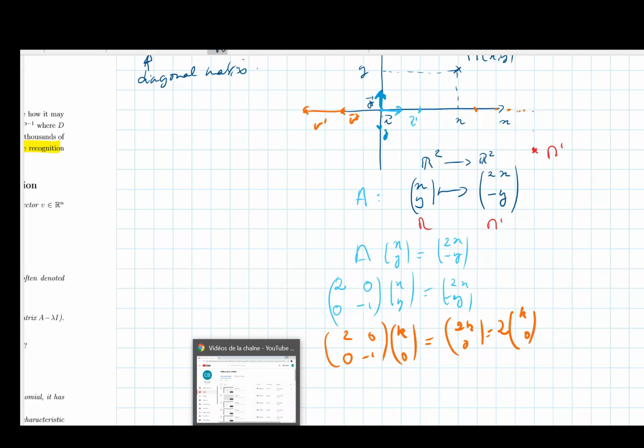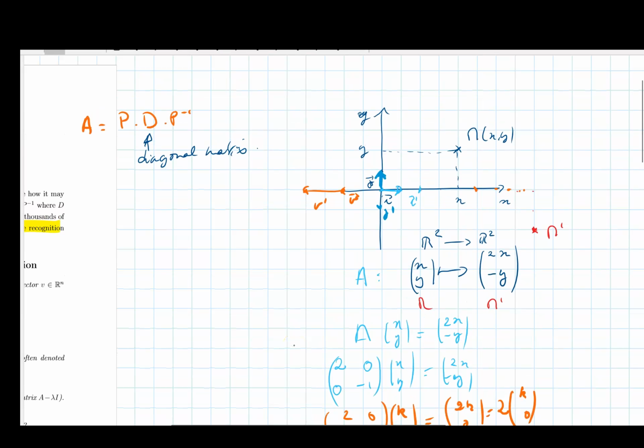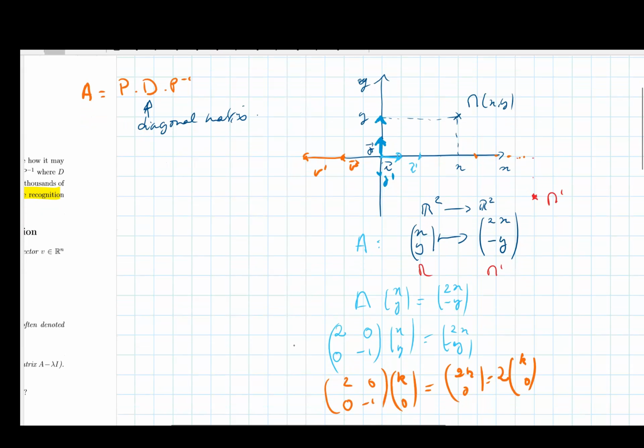So the J prime would be here. Similarly, if I take 2 times the J vector, with coordinates 0, 2, it's going to be sent to 0, -2. That would be my second V2, so V2 prime.